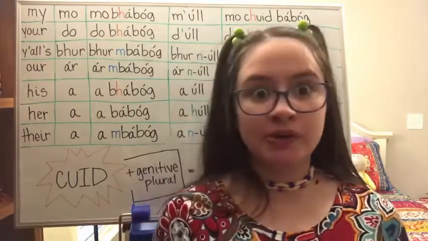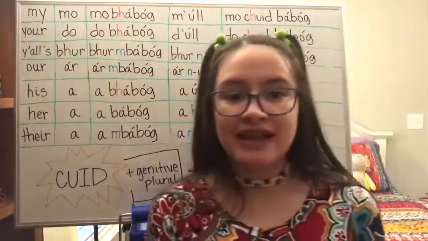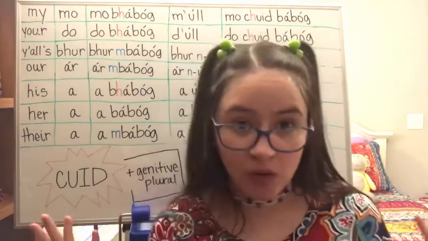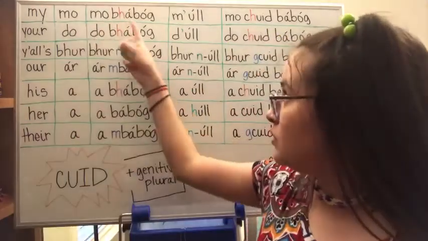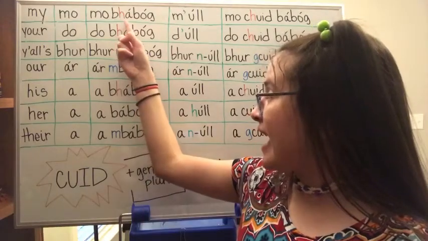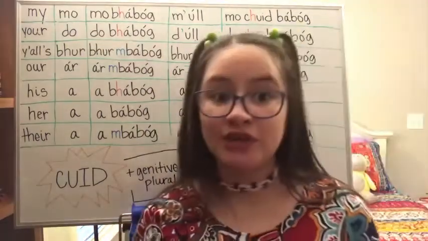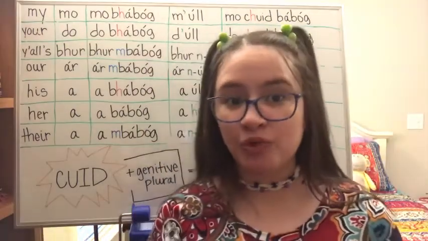Okay, so here we go. We've got my, which is mo. Let's say we're saying my doll. Mo bhabóg. It undergoes lenition. We add an H and it's mo bhabóg. Okay, what if we say my apple?